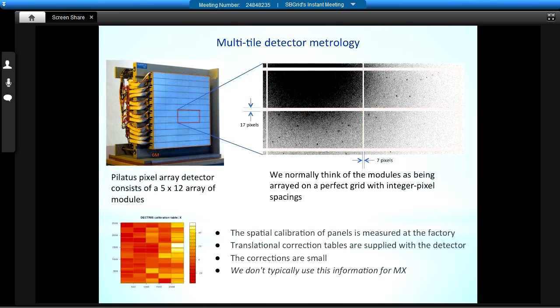So between the rows, there's 17 blank pixels, and between the columns, there's 7 pixels. But this isn't really the case. There's small imperfections in the array, and these imperfections are calibrated at the factory. And when the detector is sold, they actually provide a correction table, but the corrections are small. They're less than a pixel.